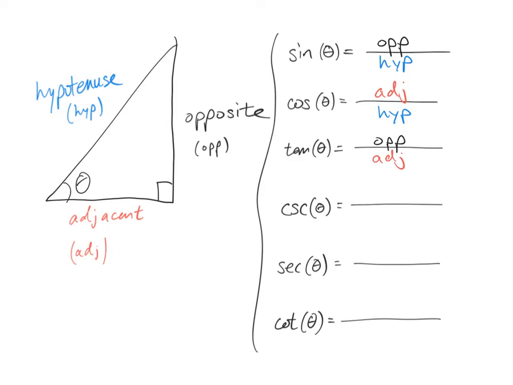But in pre-calculus, we learn about these other 3 trig functions down here. Now these are called cosecant, secant, and cotangent.